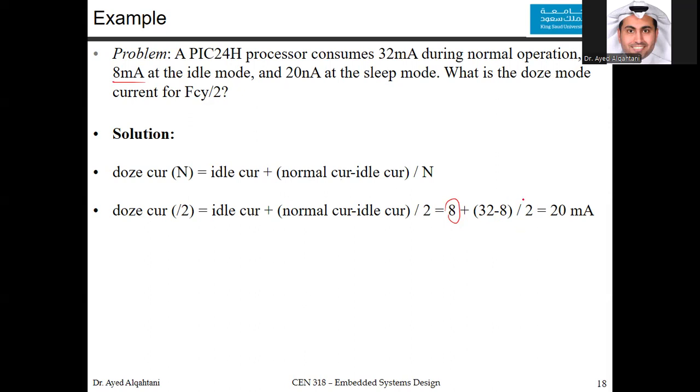And then you divide it by 2. That's 12. And then you add 8 to it, you end up with 20 milliampere. And that's the dose current in case n equal to 2. If you have, for example, n is equal to 4, you should expect lesser total current.